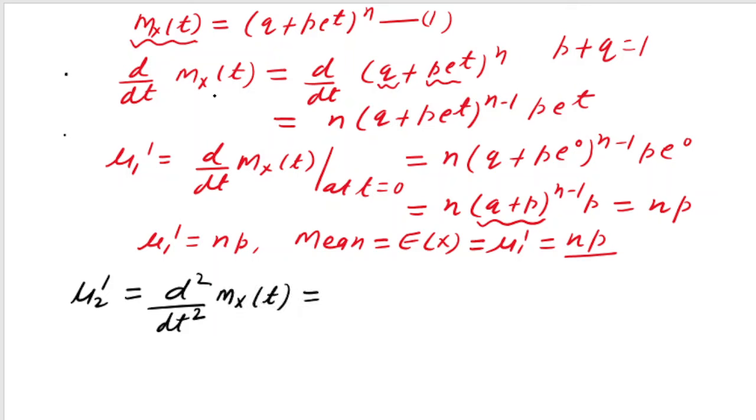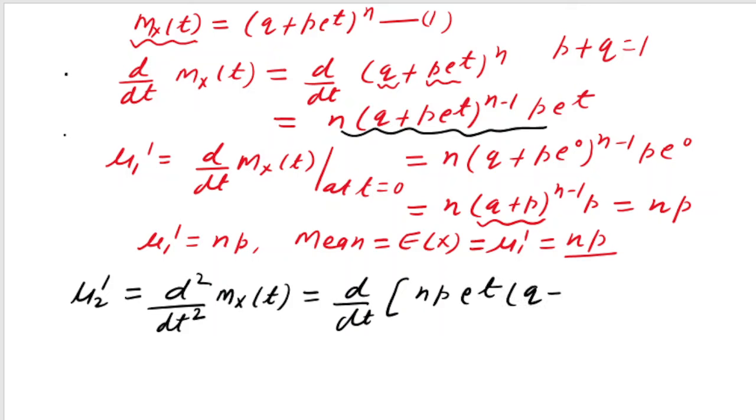We already have differentiated it once, so I'm going to use the earlier result. I'm writing d by dt of n into p, collecting the constant terms, e to the power t into (q plus p e to the power t) whole to the power n minus 1. np is a constant, so write it outside and take the product rule. This is your first function and this is your second function.